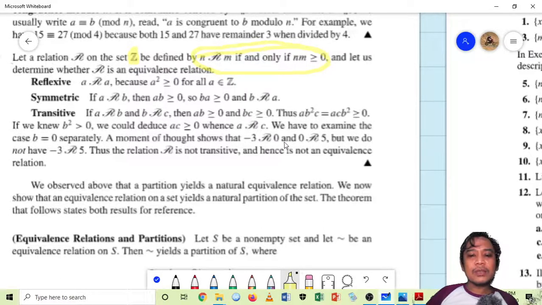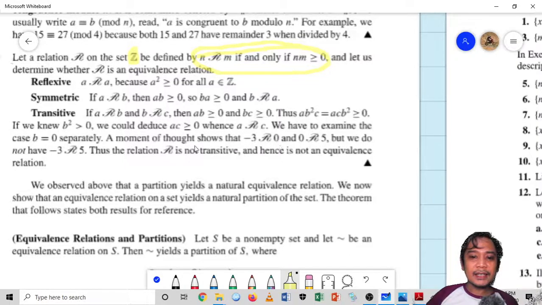So, it is true that negative 3 is related to 0 because the product is 0, which is not negative. It is also true that 0 is related to 5 because the product of 0 and 5 is 0, which is not negative.